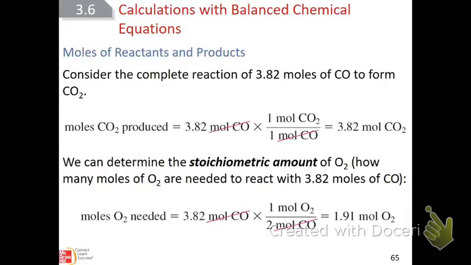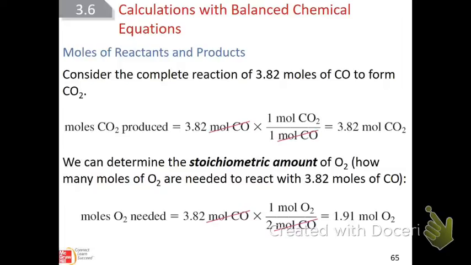And you can see that they also did the exact same calculation with oxygen. How much oxygen do you need? Well, they're given this time is still moles of CO. But notice what their conversion factor is this time.